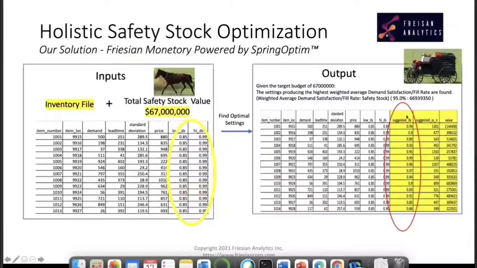Eventually, we will be able to produce these settings. These settings could be, in this case, 200 items.